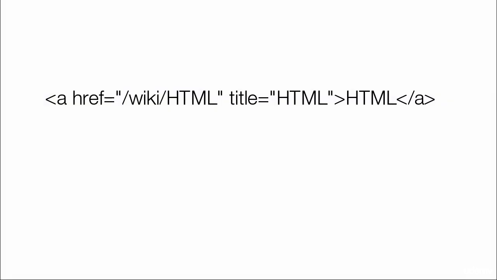And here's the code that was used to create this link. Now, the link tag is known as the anchor tag, and you'll notice that it starts with an open angle bracket and the letter A for anchor. In the early days of HTML, anchor tags were used for two purposes: to create links to things, but also to create targets.